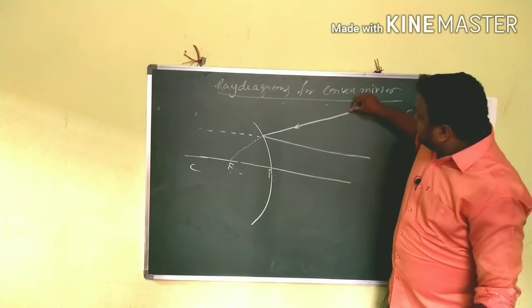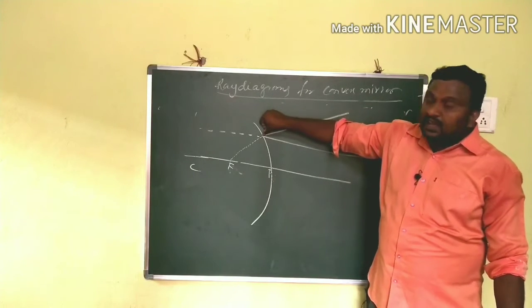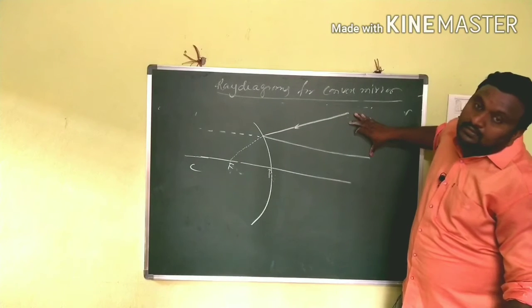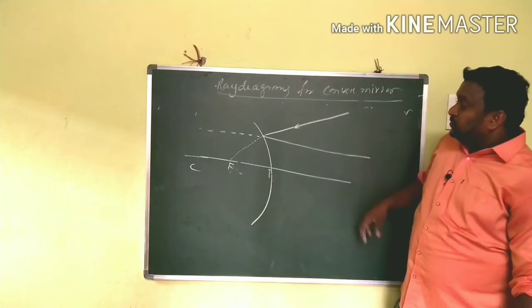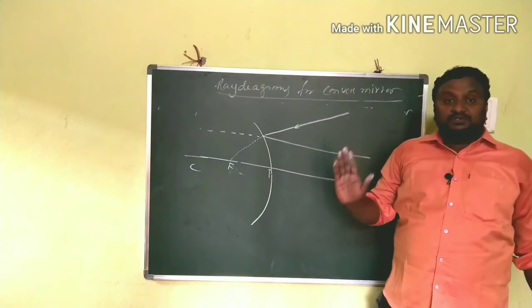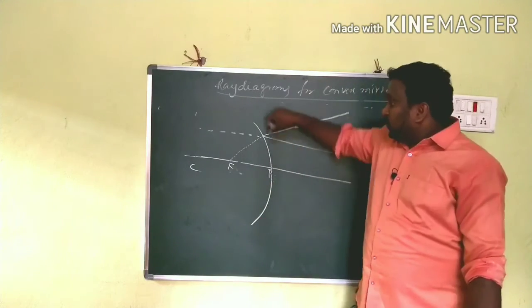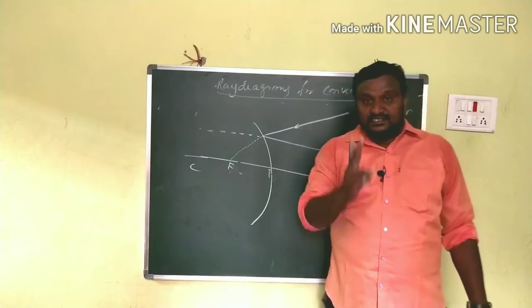So here, this is the incident ray, and after reflection, it should be parallel to the principal axis. To observe clearly, we have to extend them, because for a convex mirror, the image cannot be captured on a screen. That's why we have to extend them like this. This is the second rule.